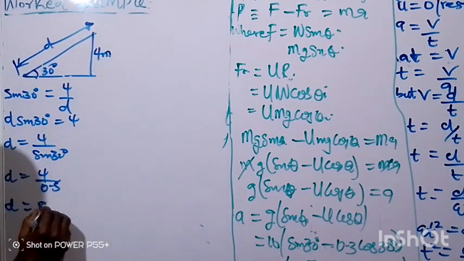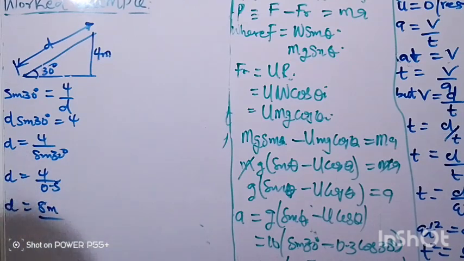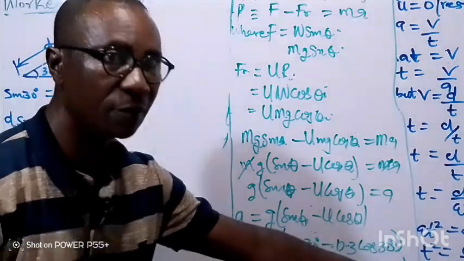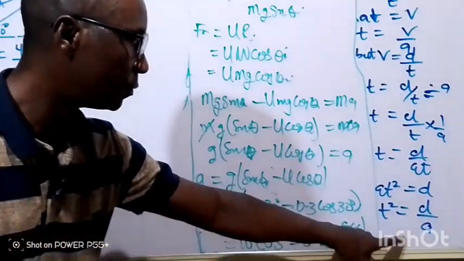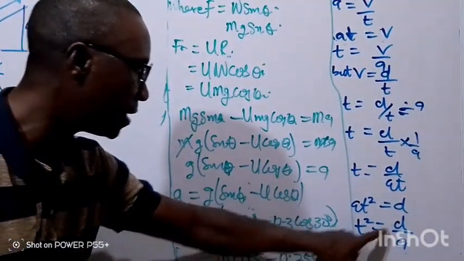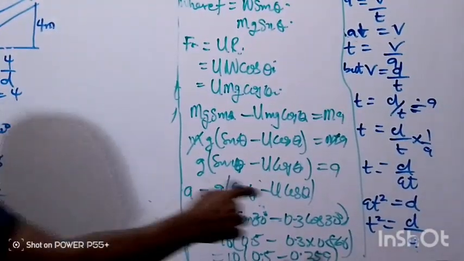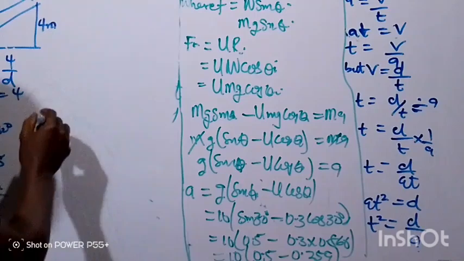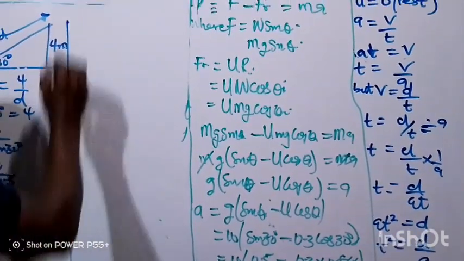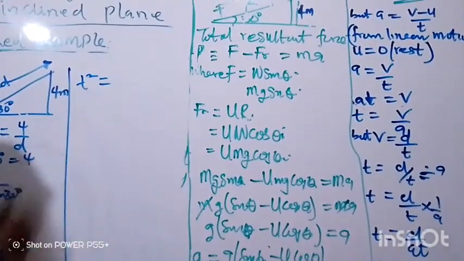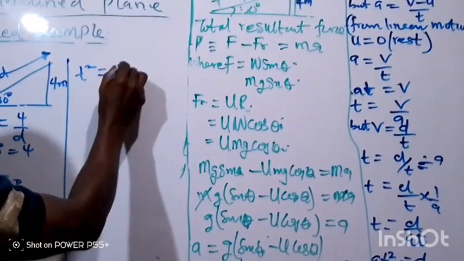So come back here now. From t squared is equal to d over a, because the question says we should calculate t, we have t squared is equal to 8 over 2.41.